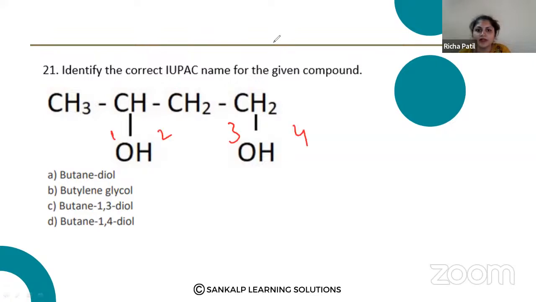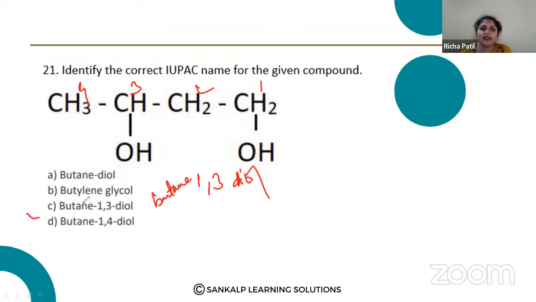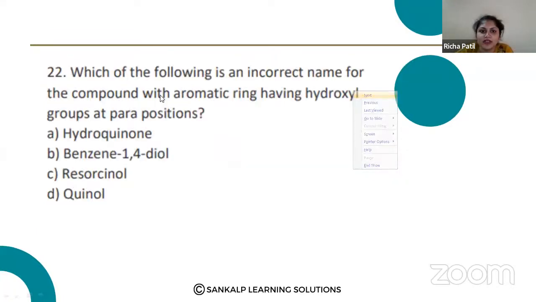You can number it like this: 1, 2, 3, 4, right? It is butane-1,3-diol, right? So C is the correct answer. Most of you have answered it right. We'll go for the next one.